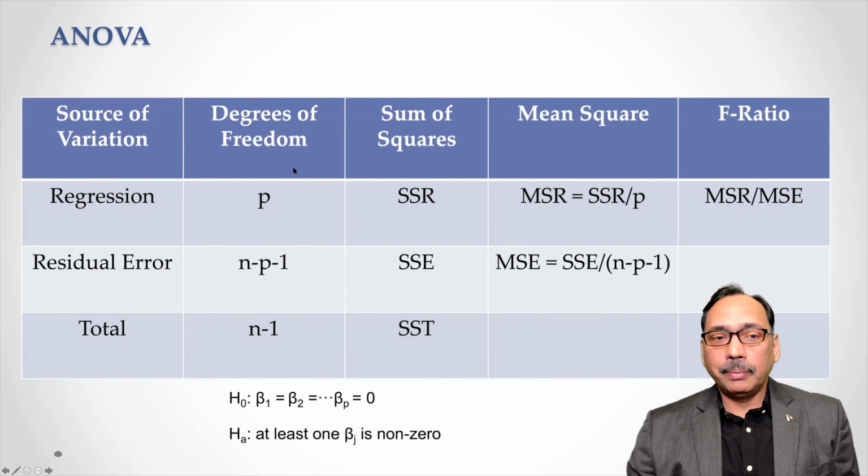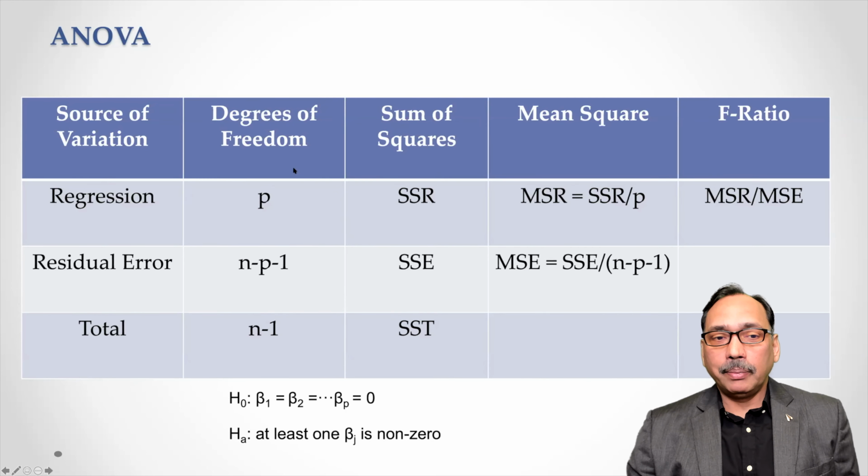Total degrees of freedom is always n minus 1, your sample size minus 1, and you get p from here. So residual is always the difference of the two, so you get n minus p minus 1. And then you can figure out sum of squares, mean squares, and F ratio.